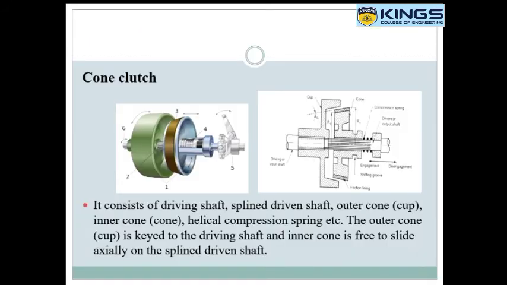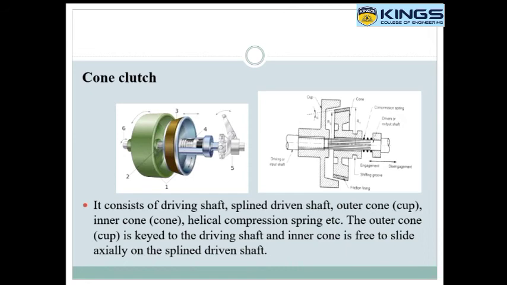Then cone clutch. In a cone clutch there is an inner cone and an outer cone. The outer cone is fitted with the driving shaft. The inner cone is fitted with the driven shaft, as shown in the figure. In a radial direction there is a friction material. While applying the pedal, the inner cone and outer cone are moved axially.